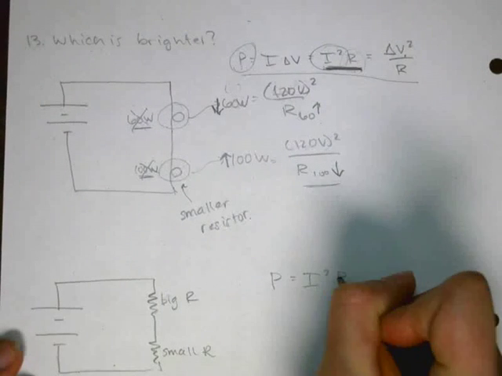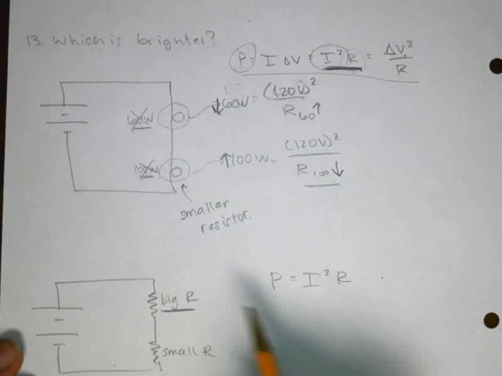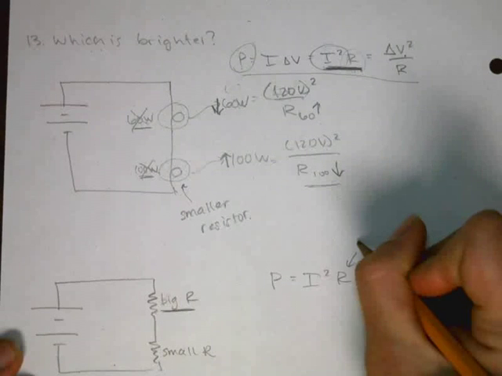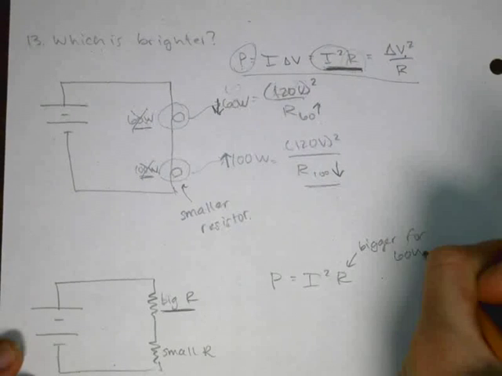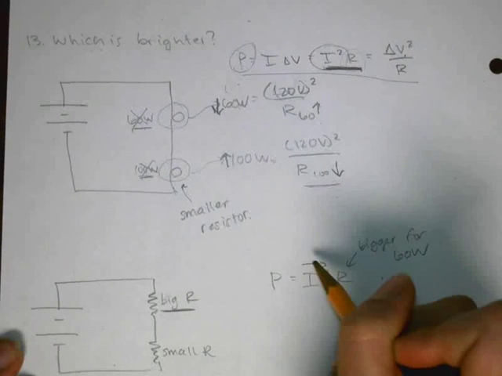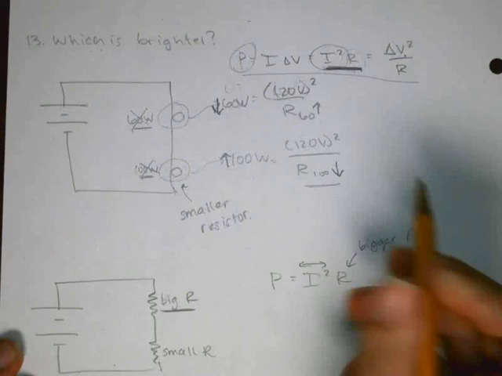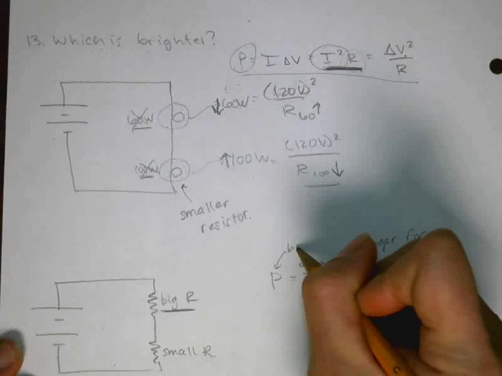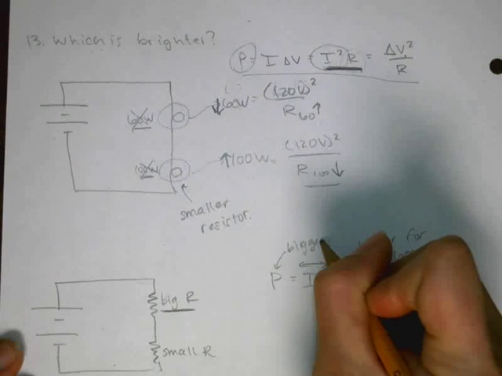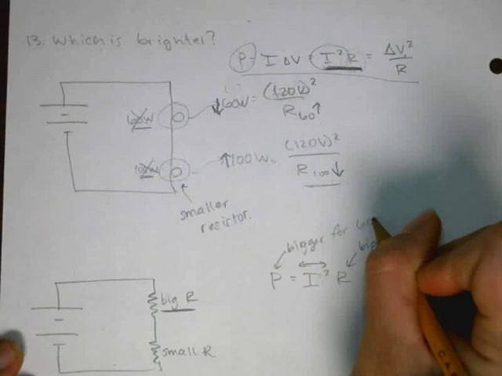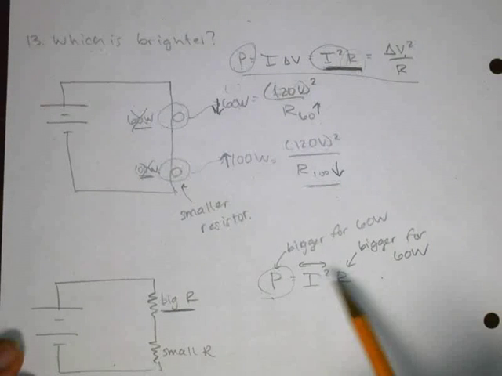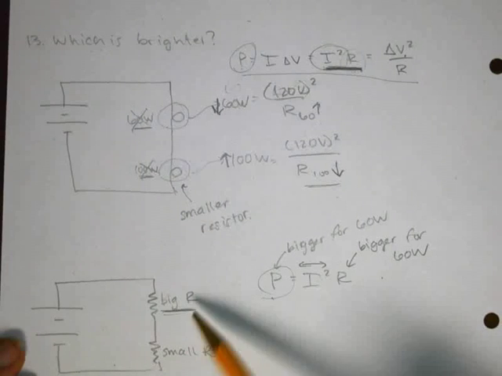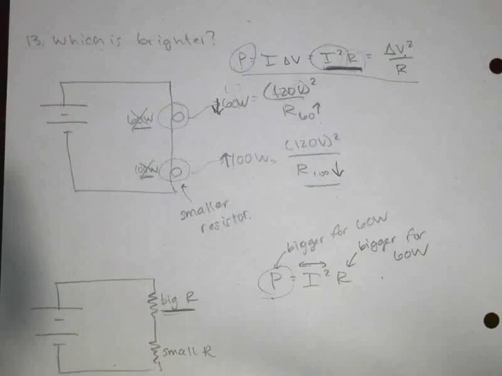Power is I squared R, so whichever one has a bigger R, they have the same current. This one is bigger for the 60-watt bulb. Okay, so the 60-watt bulb will be brighter because it's a bigger resistor. Set up in this circuit, the bigger resistor is the brighter one.